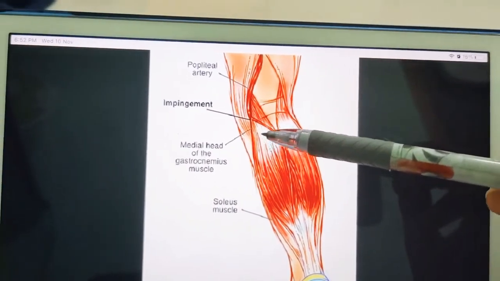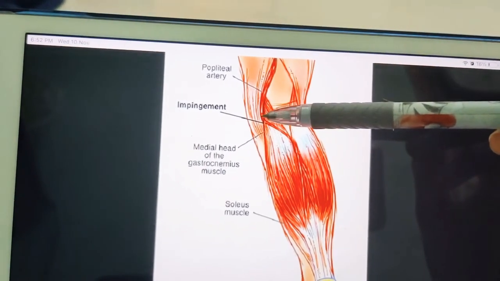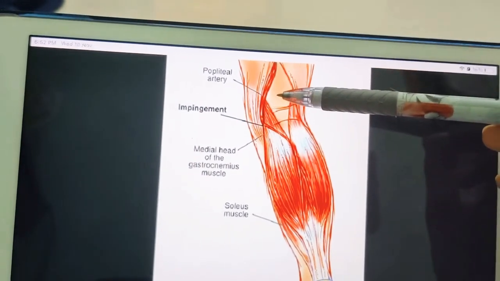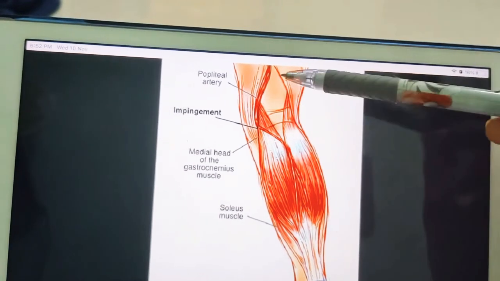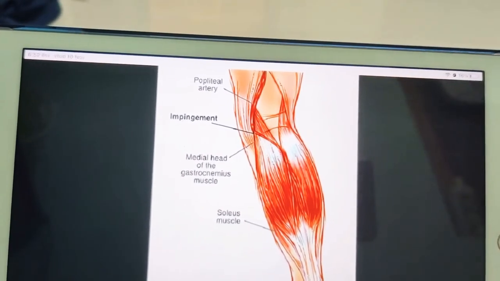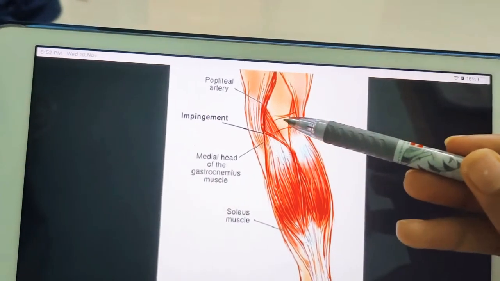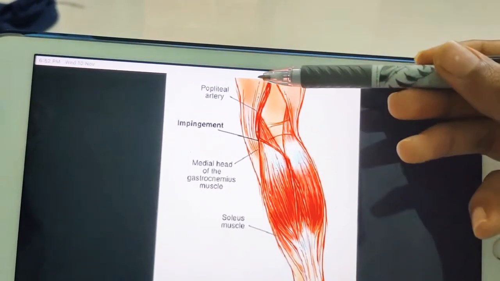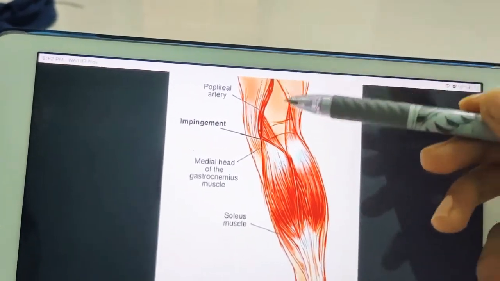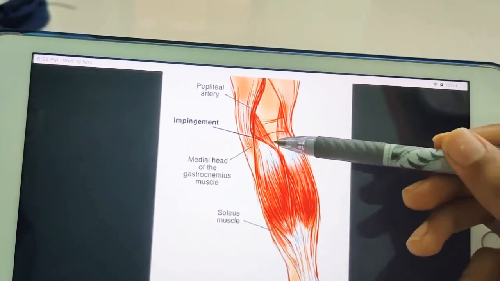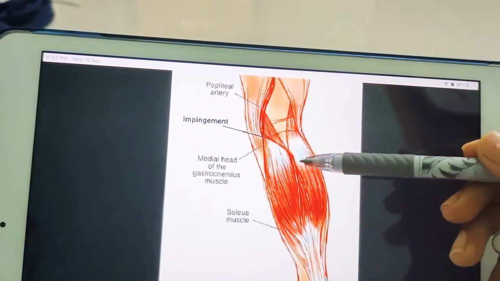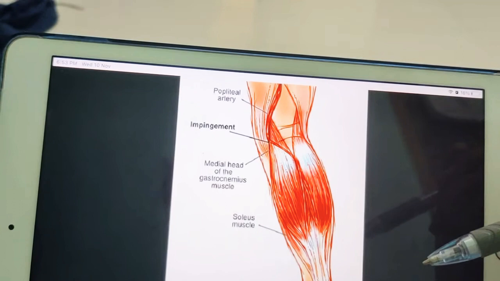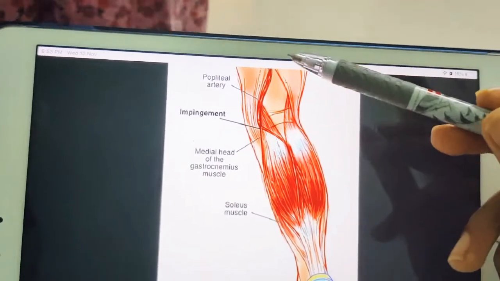Anteriorly, deep to the artery, from above downwards, there are three structures: first the popliteal surface of the femur, next the back of the knee joint, and next the fascia covering the popliteus muscle. These are the anterior or deep relations, from above downwards.